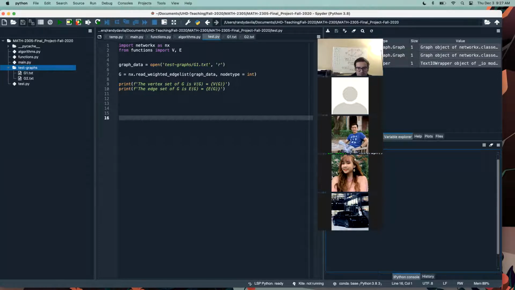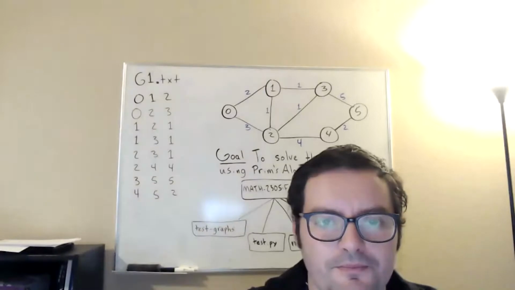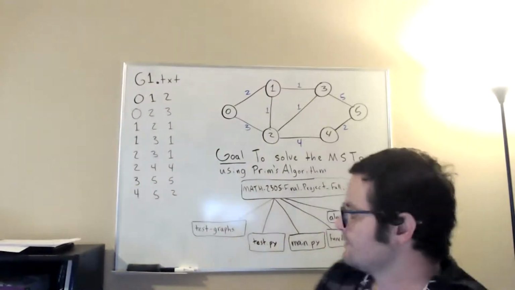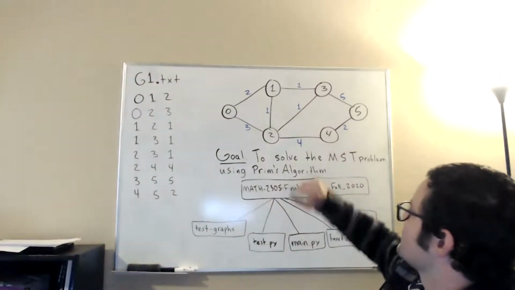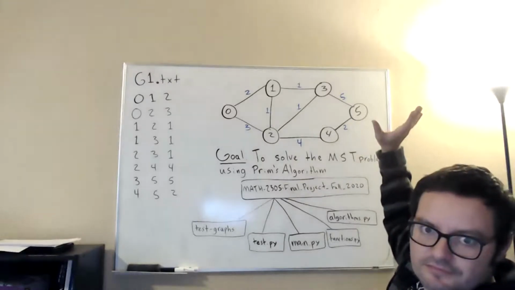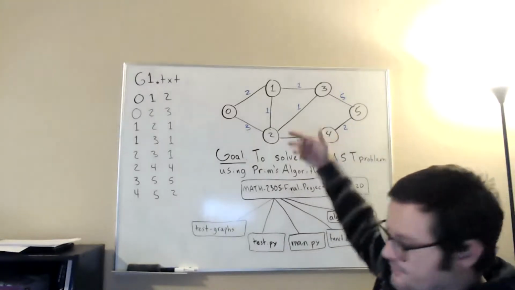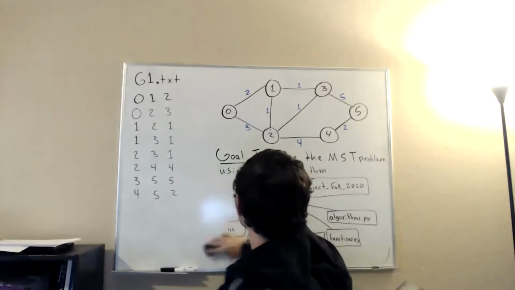When we initialize Prim's, we want to start at a vertex or a node. We're going to have a node set and an empty set of edges. If I'm looking at this graph here, we can start at any node we want.